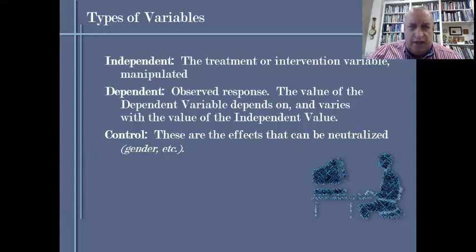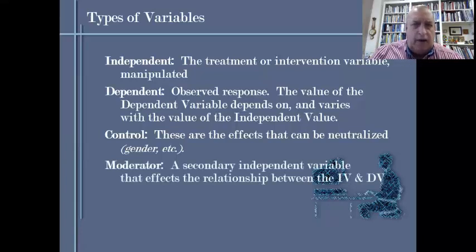Everyone has a gender, everyone has a socioeconomic status, everyone has an ethnic background. So we can control for those in the analysis of our independent and dependent variables. That's what we're actually going to be doing in the ANCOVA: mathematically removing the influence of these control variables on the independent and dependent variable.